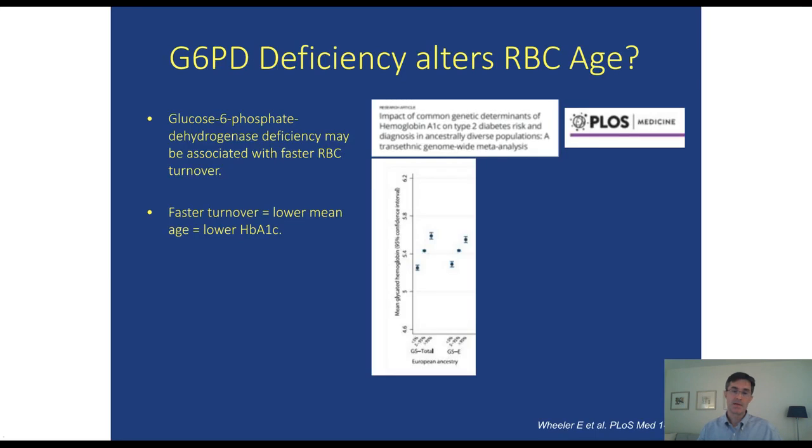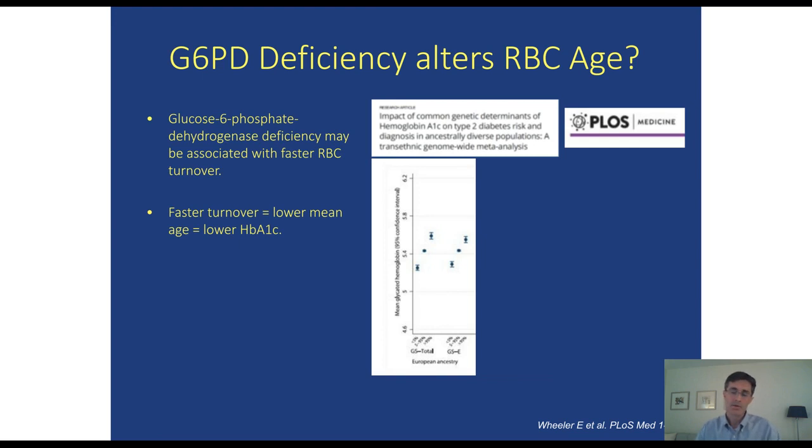Another condition that's been shown to be associated with A1c independent of glucose is G6PD deficiency, or glucose 6-phosphate dehydrogenase deficiency, which is a mild enzyme disorder that can be associated with faster red cell turnover.